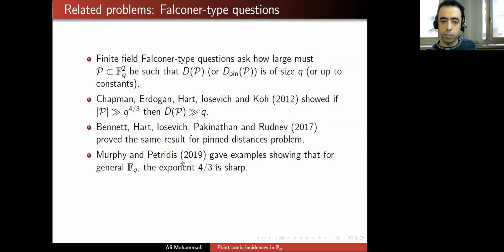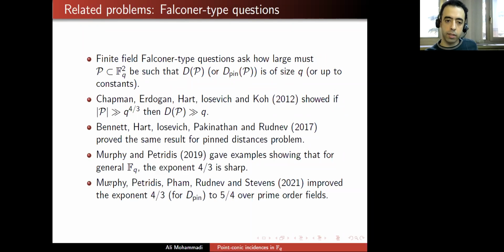But the conjecture remains that if you're working over F_p, so q is a prime power, you should still have the result as long as you go a bit over p. And in the same paper, Murphy and others in the recent one, they showed that this 4/3 can go lower to 5/4 as long as you work over prime order fields.